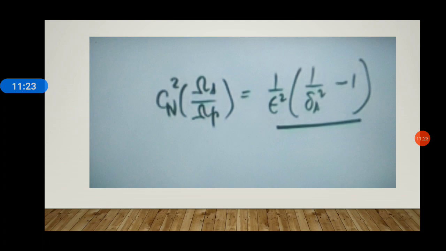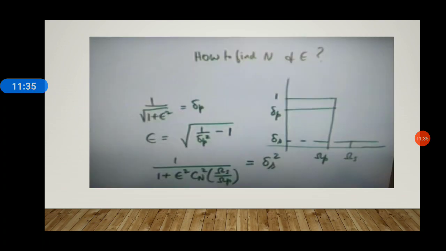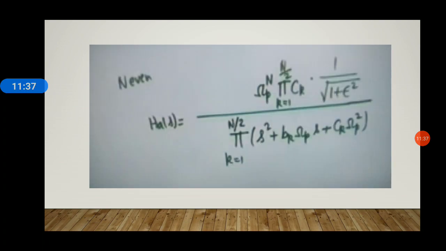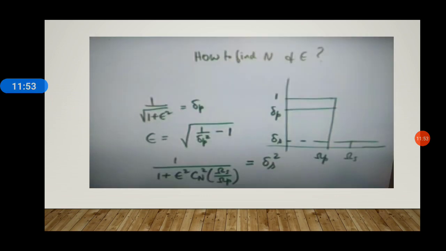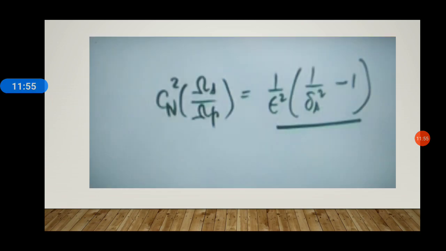From there, you have to find out C naught, BK, CK using the formula Yn, because C naught is Yn, and Yn again is this equation, which is half of within bracket root over 1 plus 1 by epsilon square plus 1 by epsilon whole to the power 1 by n minus of the same term whole to the power minus of 1 by n. This is all about your Chebyshev filter.